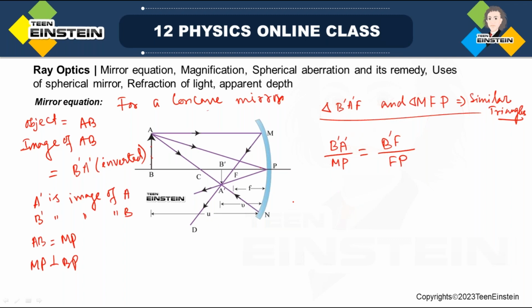Since this AM ray is parallel to AP, we can write MP is equal to AB also. So I can write this as B prime A prime divided by AB, equal to B prime F and FP. Suppose this is equation number 1.